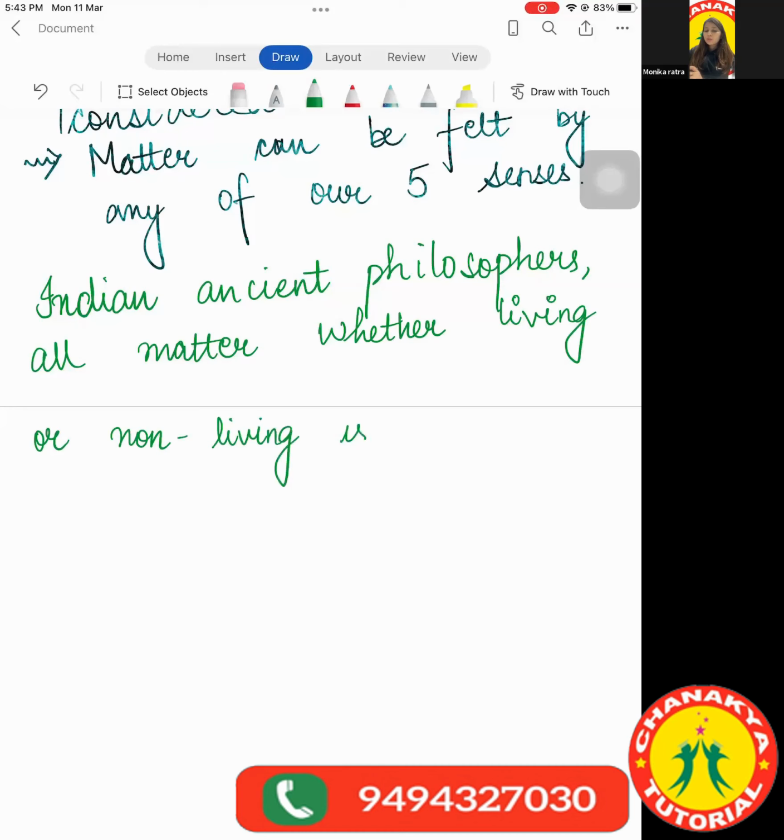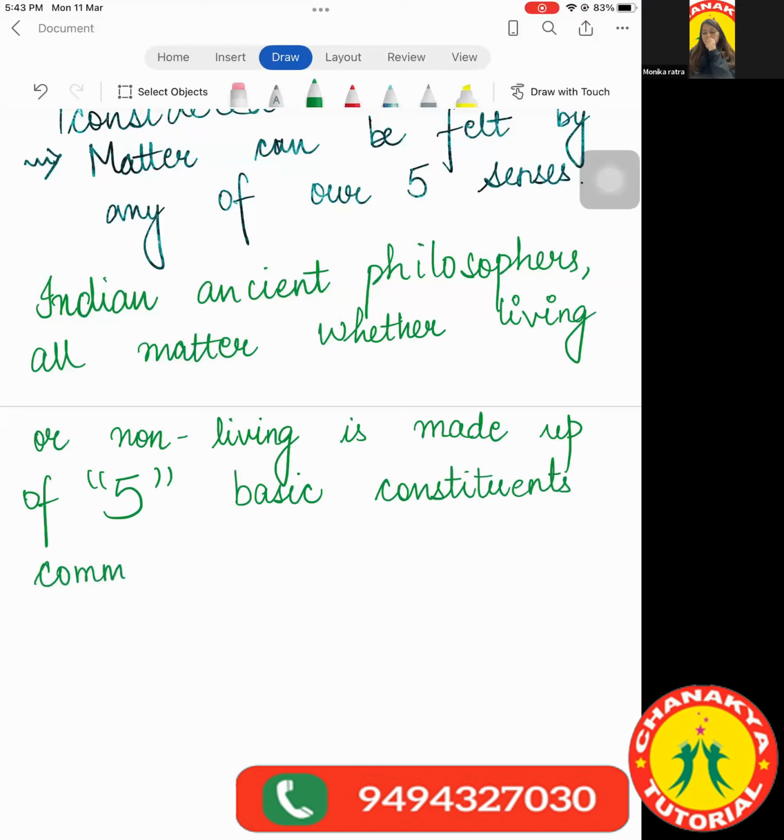That's a very important point which I'm writing, and as soon as I finish writing, we will discuss it. Can anyone tell me or think of what these Panch Tattvas may be?